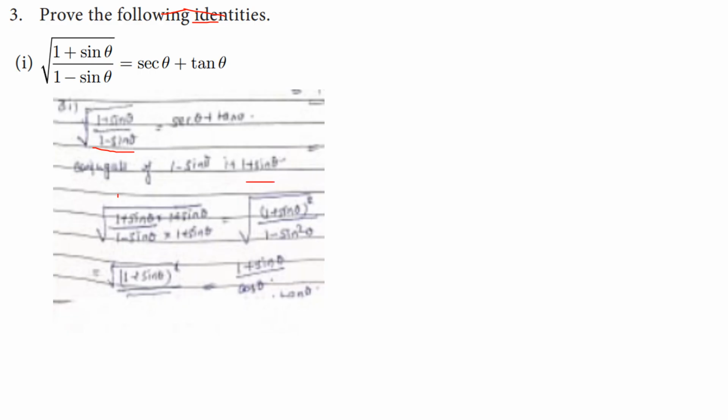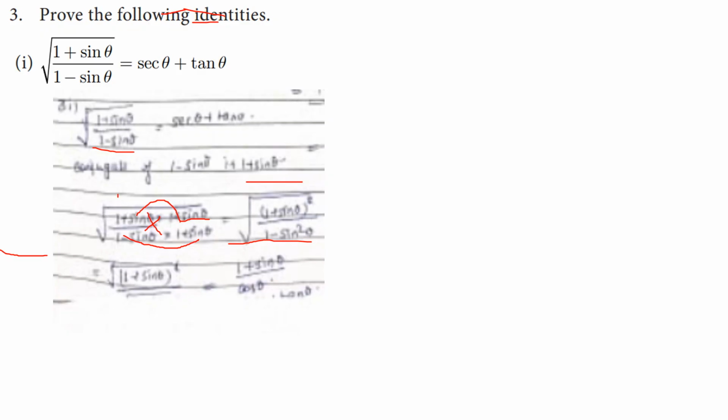So you multiply numerator and denominator with 1 plus sin theta. Therefore 1 plus sin theta into 1 plus sin theta will come 1 plus sin theta whole squared, and 1 minus sin theta into 1 plus sin theta, that is a minus b into a plus b, a squared minus b squared, that is 1 minus sin squared theta.